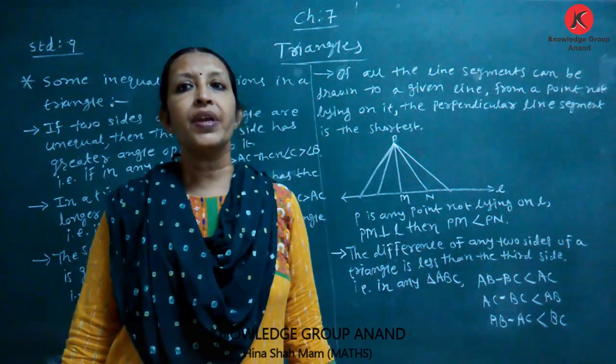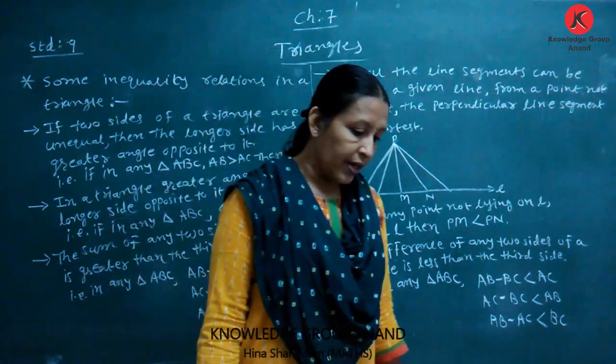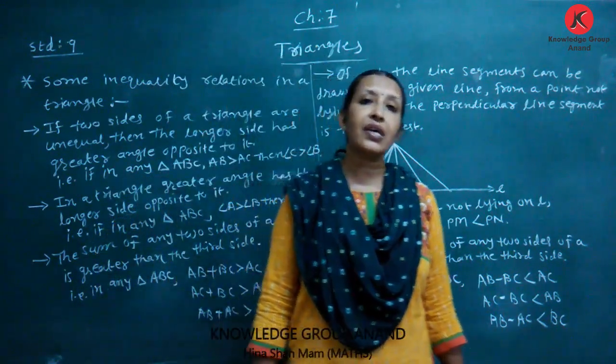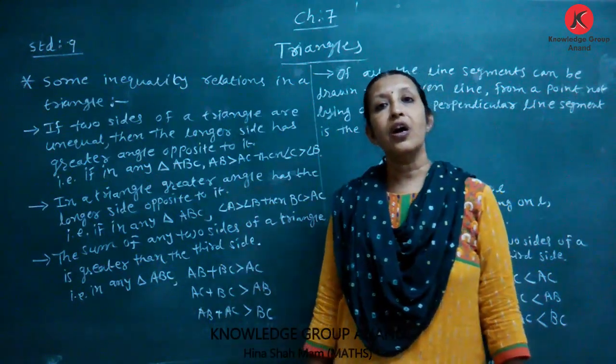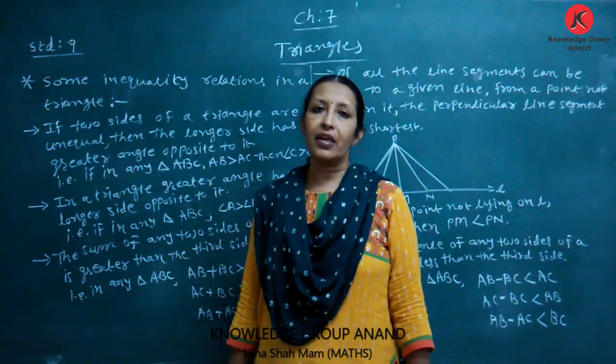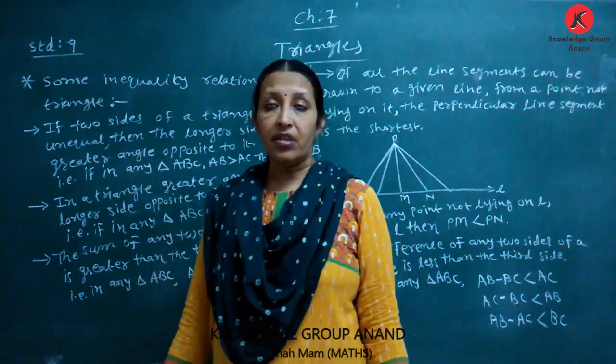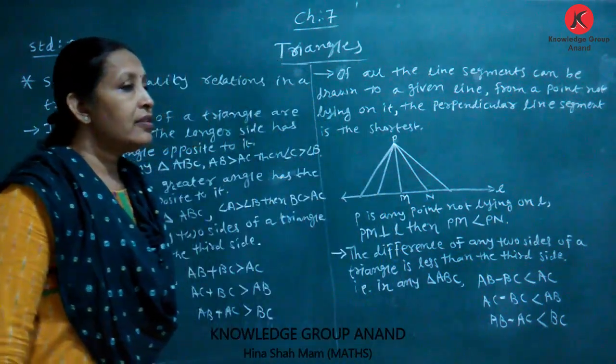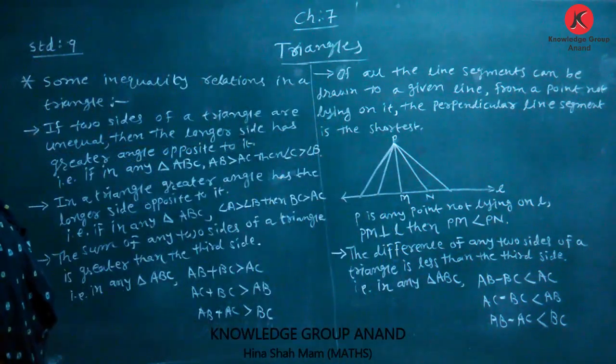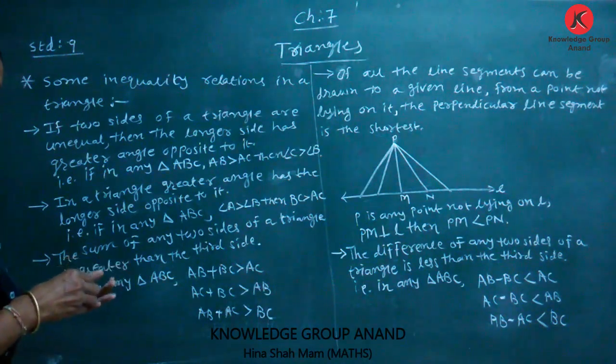Its converse is: if in a triangle two angles are equal, then their opposite sides are equal. In this lecture, we learn some properties, some inequality relations.